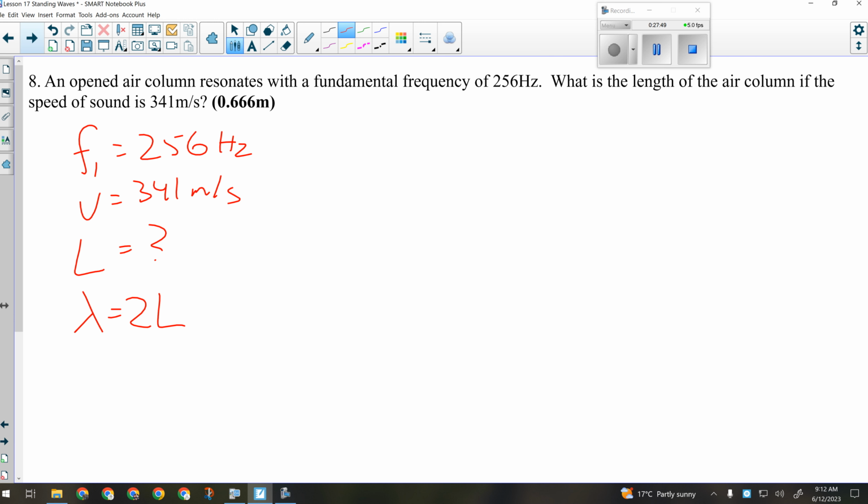On this one, if we're going to find the length, we need lambda. And we can find lambda because once again, we have v and f. So it's the same manipulation as the last time. We're just going to use 2L instead of 4L.